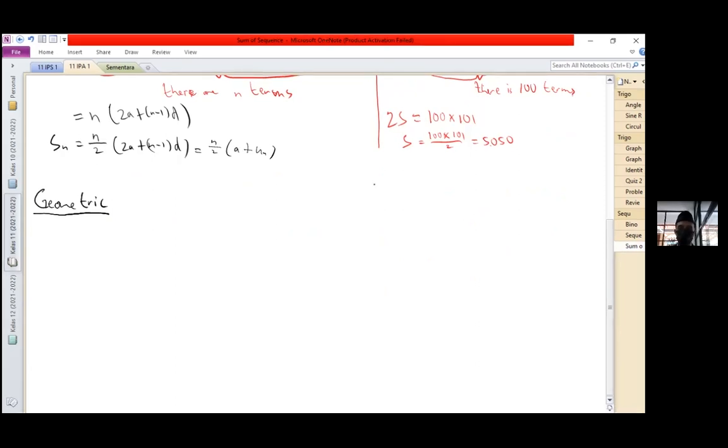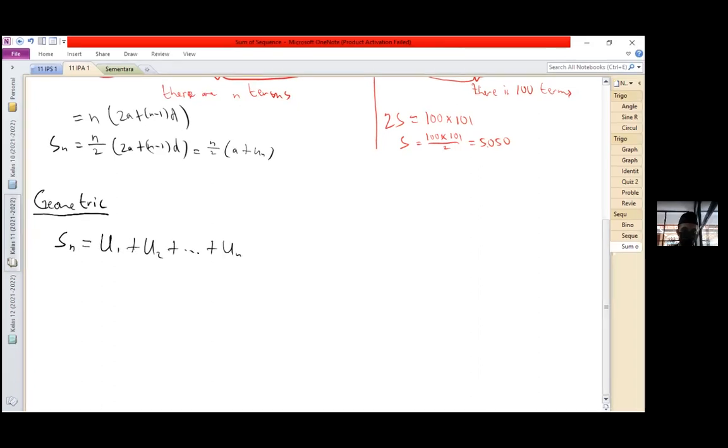So basically, when we want to find the sum of a geometric series, this is Sn. This is just like before, we add up from the first term, U1, to the last term.